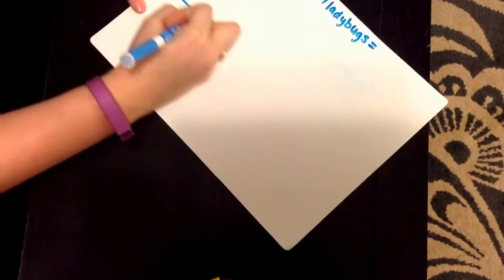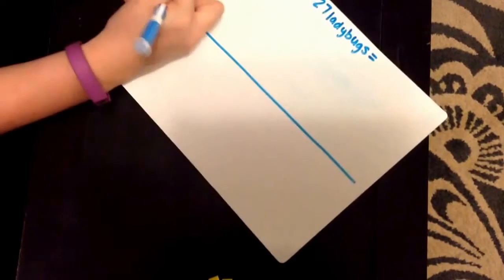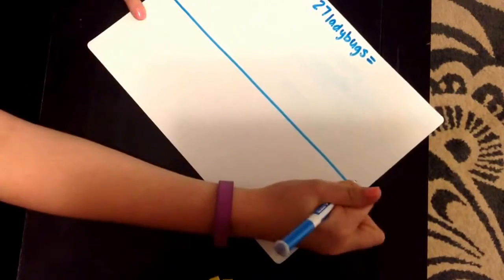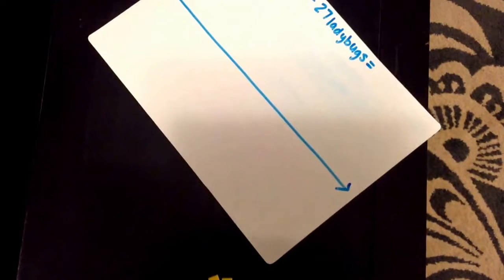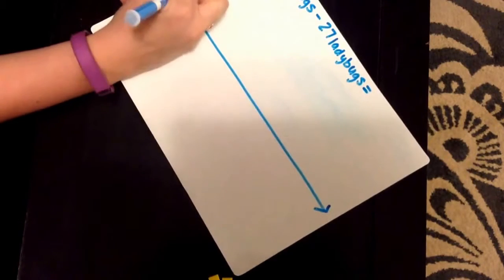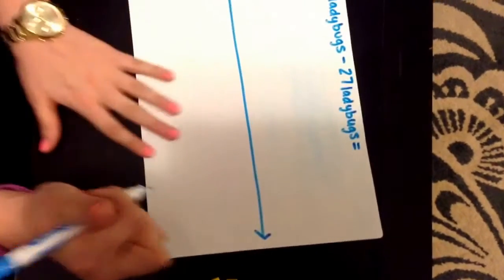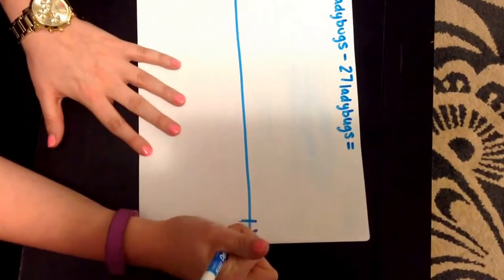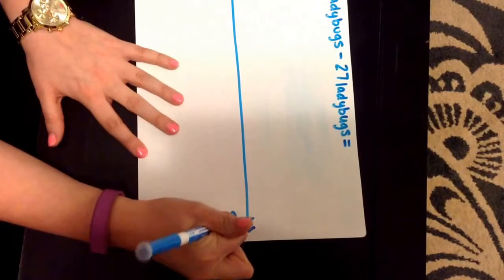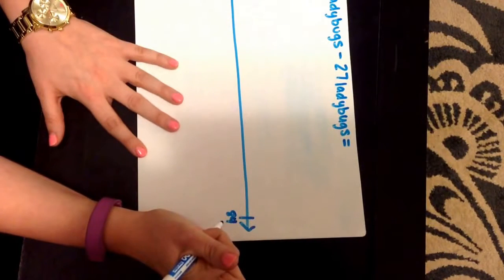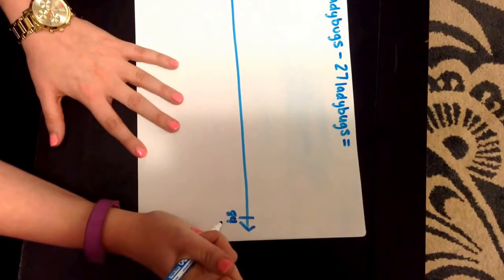To use a linear model, we're going to start off by drawing a straight line across our whiteboard with arrows at each end, meaning that the line is never ending, it continues for infinity and beyond. On our left side, we'll start at a 0, and on our right side, we're going to start at an 84 because that is our total number of ladybugs that we're starting out with.